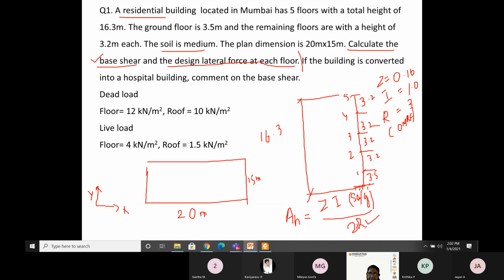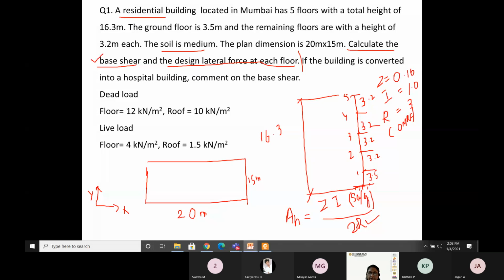So tell me, where will be the difference in this particular case, and how the base shear will be affected, whether it will increase or decrease. You have to tell me. Tell me what will happen if this building is converted into a hospital building.